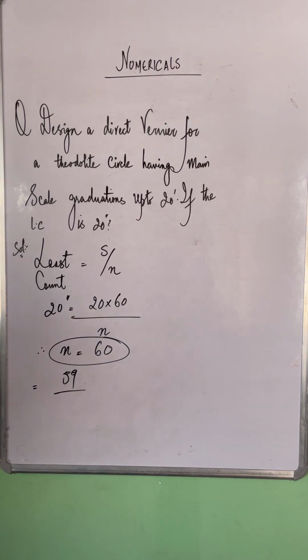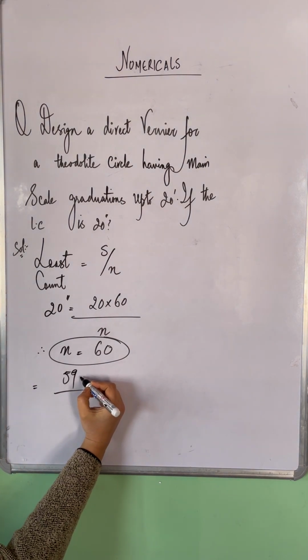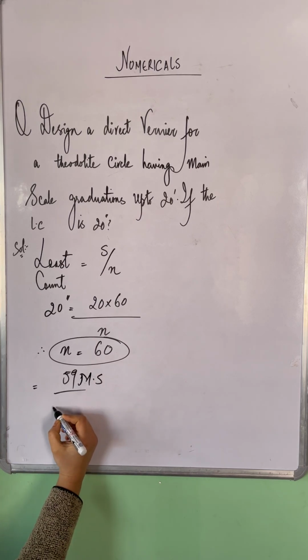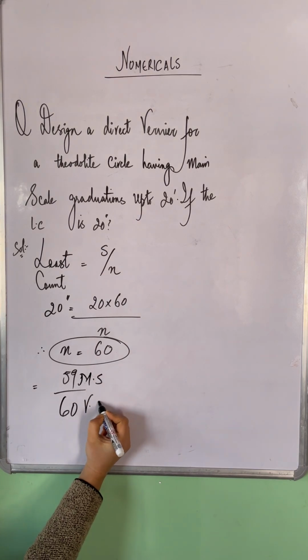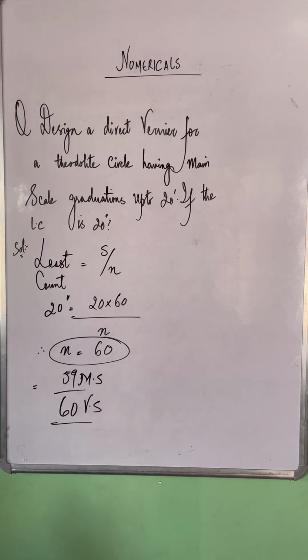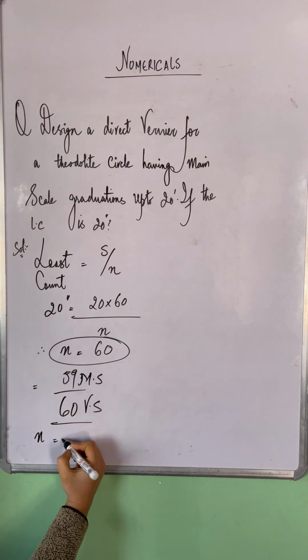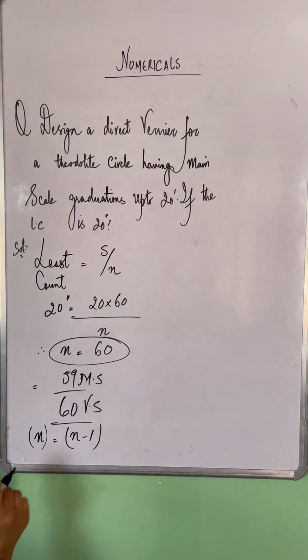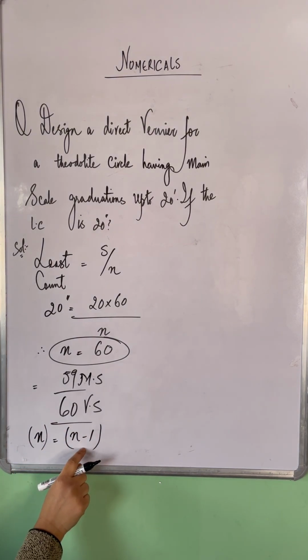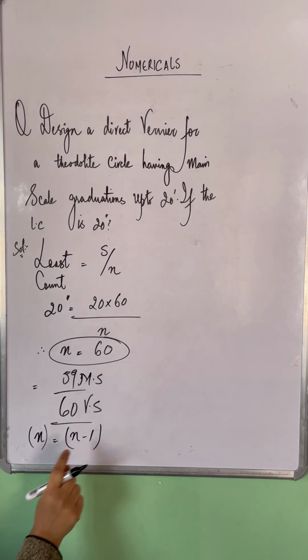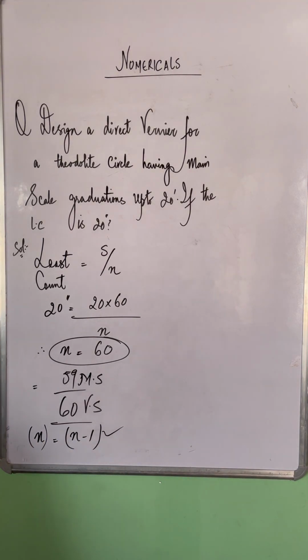So the vernier will be devised in which 59 divisions of the main scale will correspond to 60 divisions of the vernier scale, forming a direct vernier, because in a direct vernier, N divisions of the vernier scale correspond to N minus 1 divisions on the main scale. So we design the direct vernier. Let's do the next question.